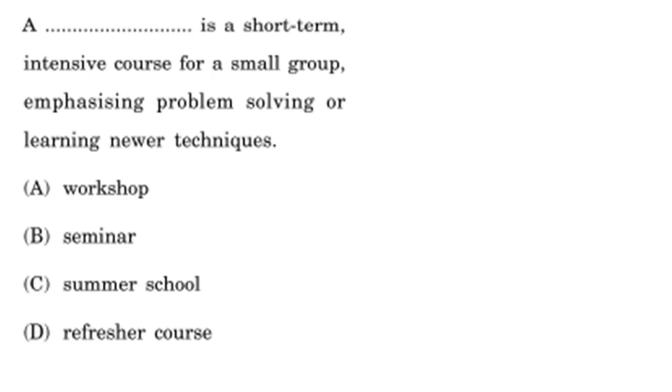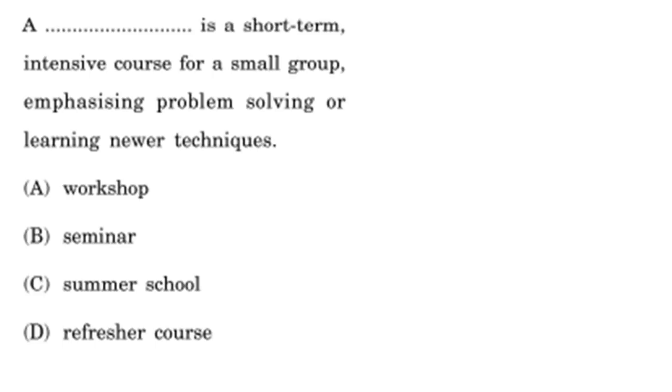Now the next question: a dash is a short-term intensive course for a small group emphasizing problem solving and learning newer techniques. Option A is workshop, B is seminar, C is summer school, and D is refresher course. Refresher course and summer school are eliminated because summer school is only for summer vacation and is not meant for newer techniques or problem solving.